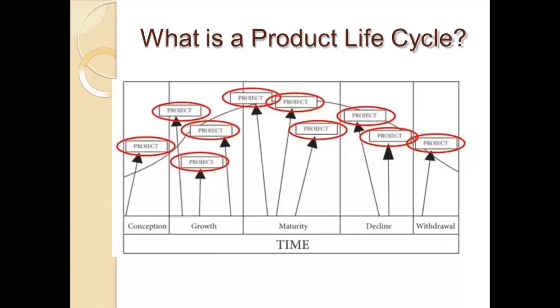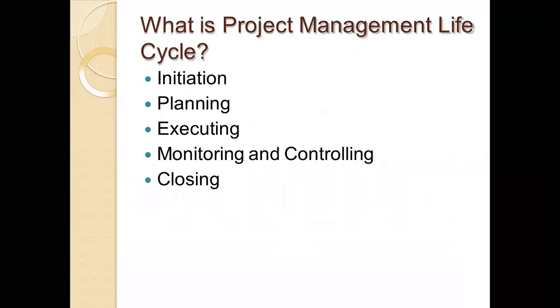The product life cycle involves conception of the product, growth, maturity, decline, and withdrawal of the product, and these things happen with time. Like I have created a particular product, then growth is there, then the product comes to maturity. After maturity there is decline, and after decline there is withdrawal of that product.